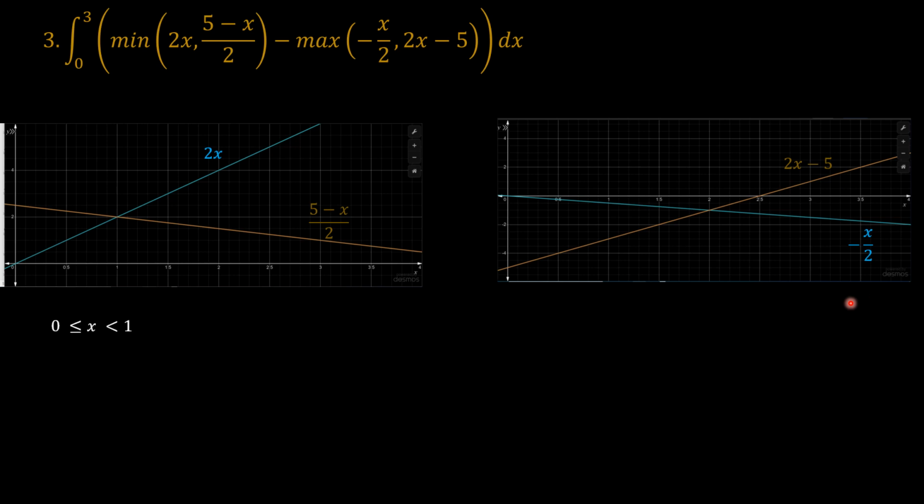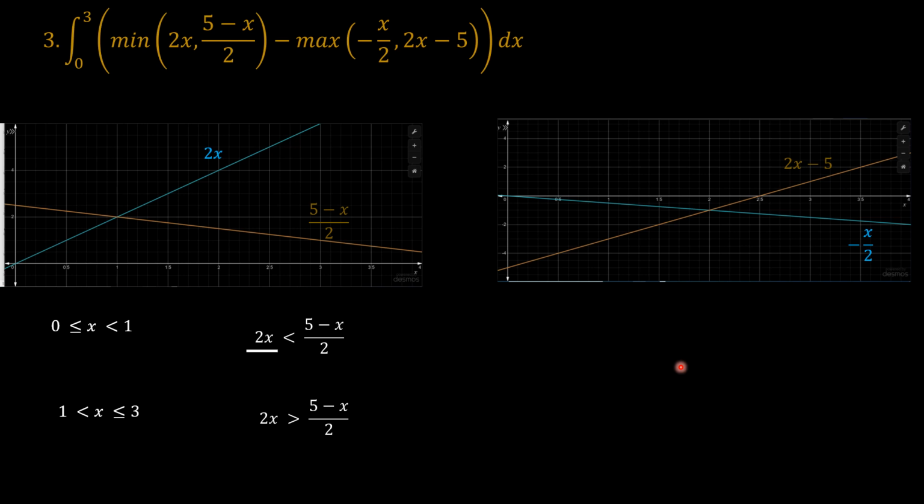So just to summarize what I've mentioned, from 0 to 1, 2x is the minimum. From 1 to 3, (5 minus x) over 2 is the minimum.